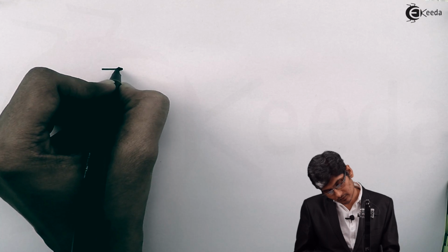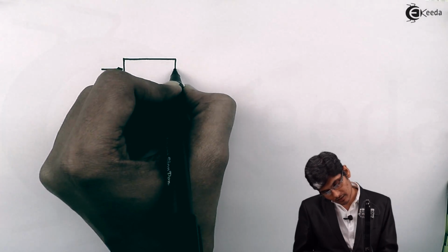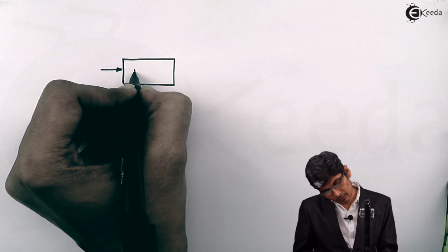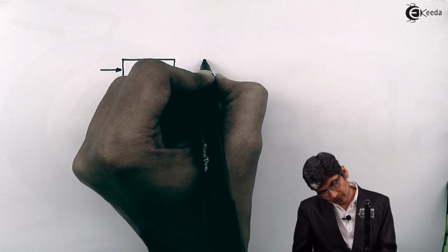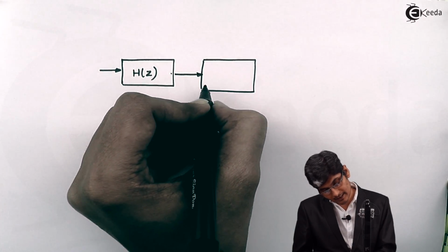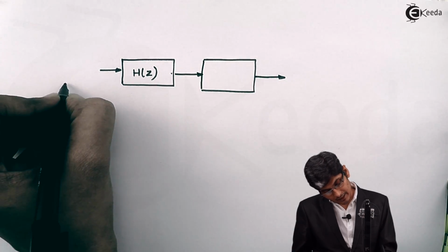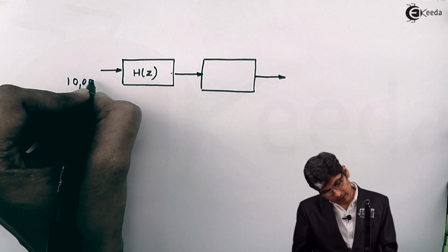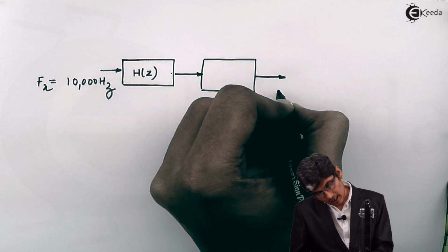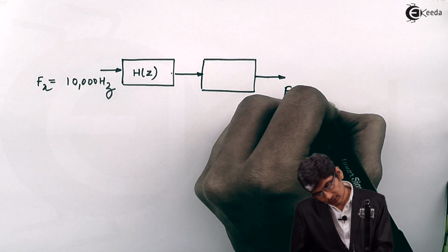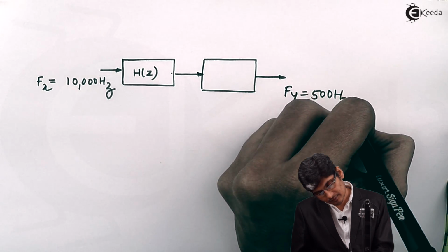The design should look like this: I need to incorporate a filter to avoid aliasing, and the output of the filter will go to a decimator. The input sampling rate here is 10,000 hertz, which is fx, and fy is 500 hertz.